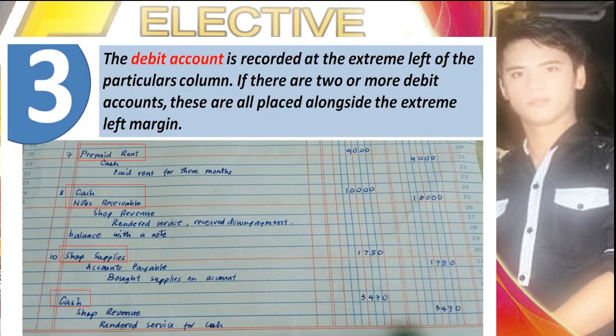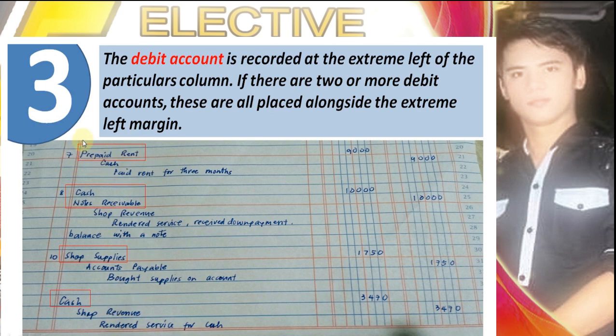Next, the debit account is recorded at the extreme left of the particular column. If there are 2 or more debit accounts, these are all placed alongside the extreme left margin. So everything boxed in red is a debit account. Did you notice? They are recorded at the extreme left. Isn't this the column of account title and explanation?